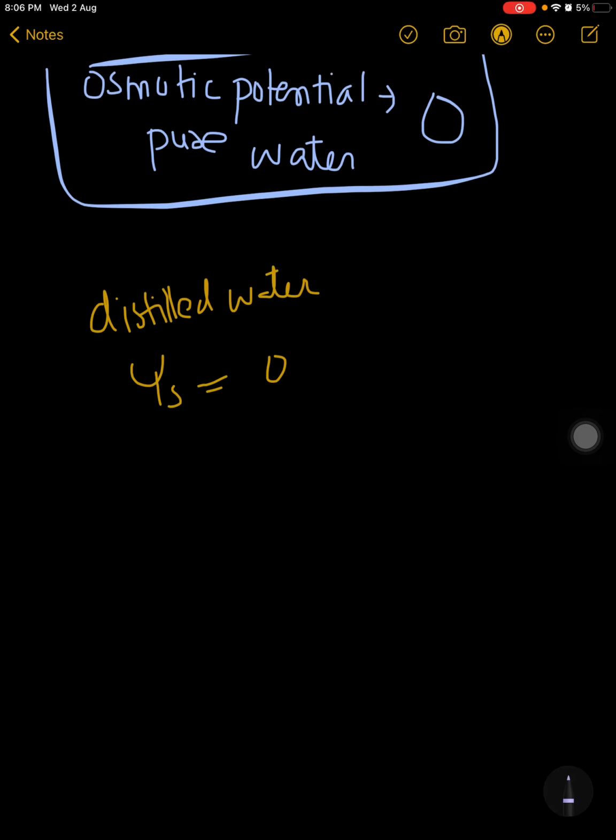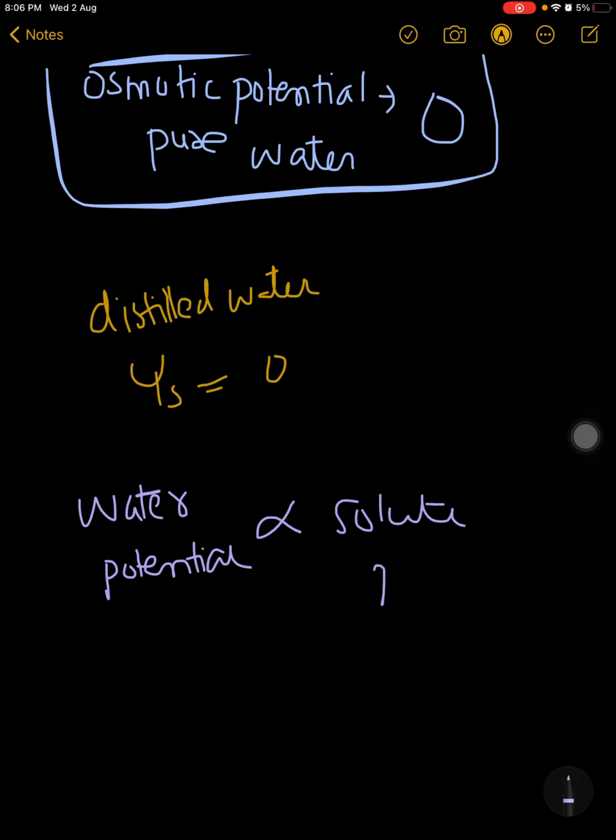It means that basically water potential is directly proportional to solute potential. Now what does that mean? Basically you have to keep one thing in mind, which is this negative sign.